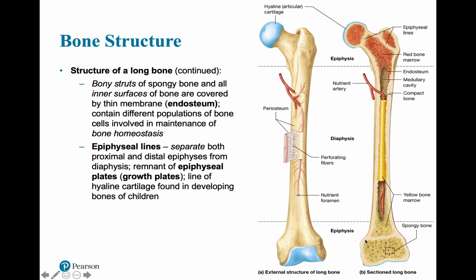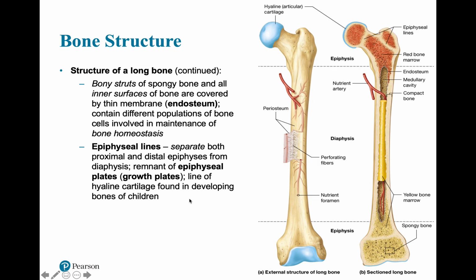But under the age of about 25, these epiphyseal lines would actually be made up of hyaline cartilage. In younger individuals where these are still made up of hyaline cartilage and not ossified tissue, they're given the name epiphyseal plates or growth plates. Because at these plates, when hyaline cartilage is present, bones can grow in length. We'll talk about how bones grow in length at the epiphyseal plates later in the chapter.